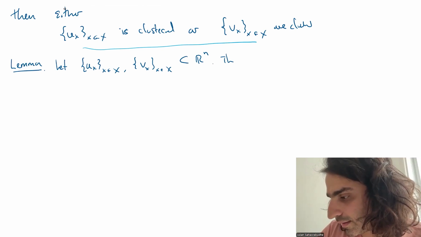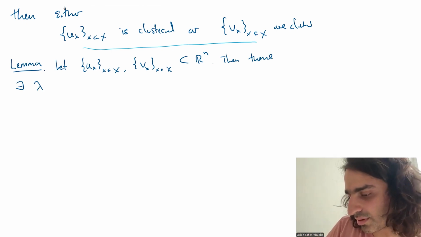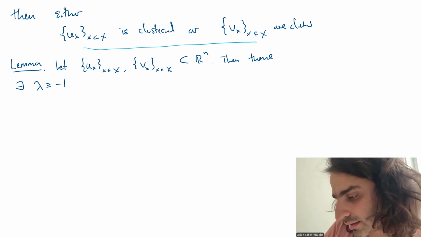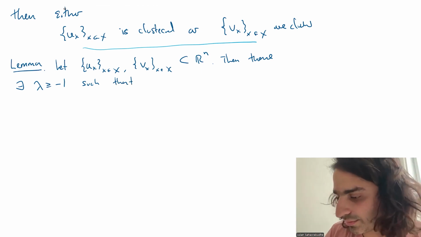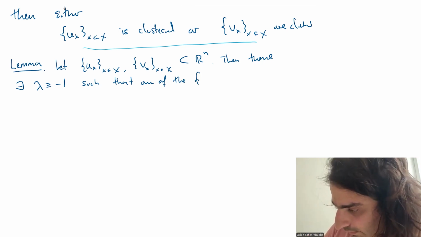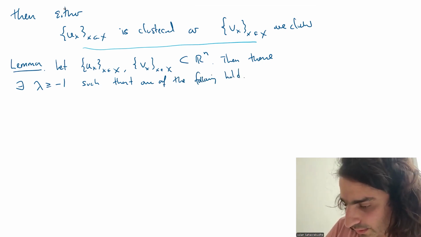Then there exists some parameter lambda, which is at least -1, such that one of the following holds. So either we have A.